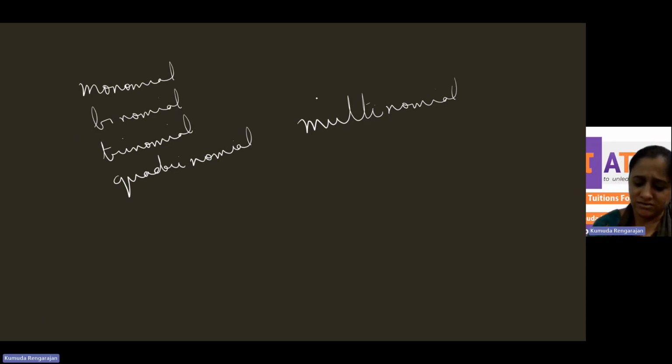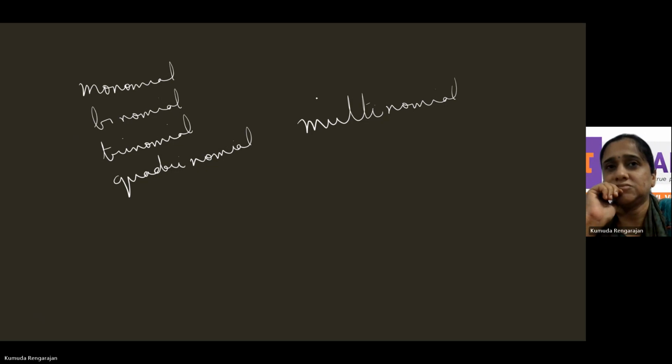If you count the number of terms and if there are 4 terms, it is a quadrinomial. If there are 3 terms, trinomial. 2 terms, binomial. 1 term, monomial. All right.